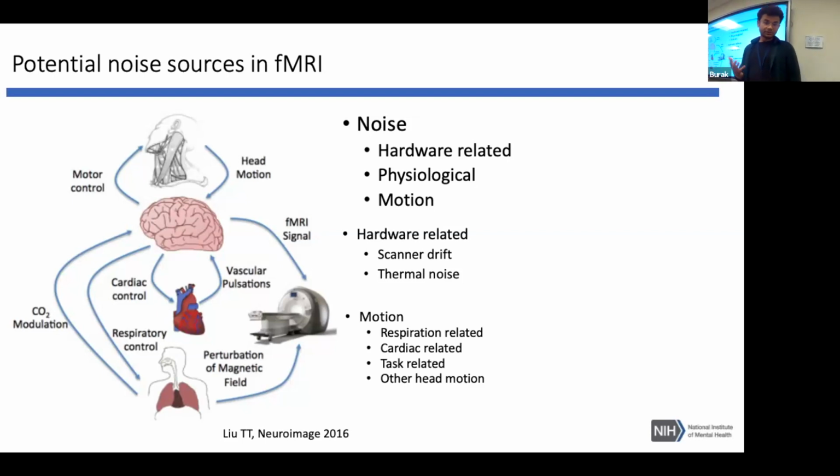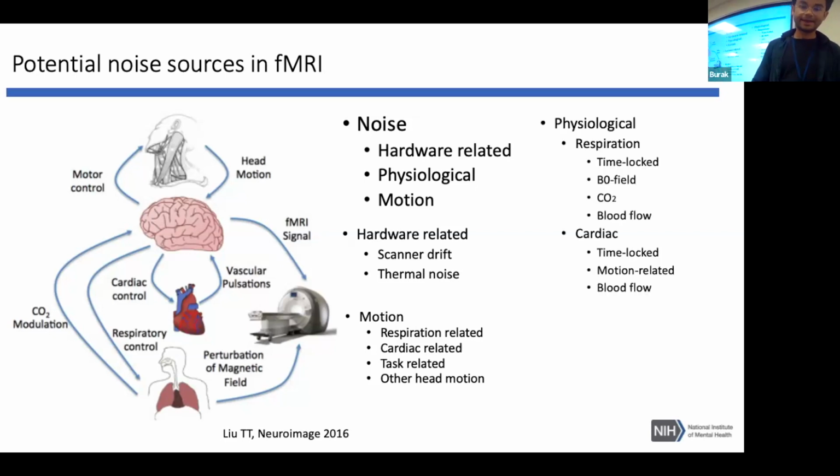And the motion. Motion could be, as I said, sourced by anything: respiration, cardiac, voluntary, involuntary. If you fall asleep, maybe your head is going to fall down slowly, or when you wake up, you suddenly come up. So there will be a lot of motion, although the reason for the motion might be different. And then physiological.